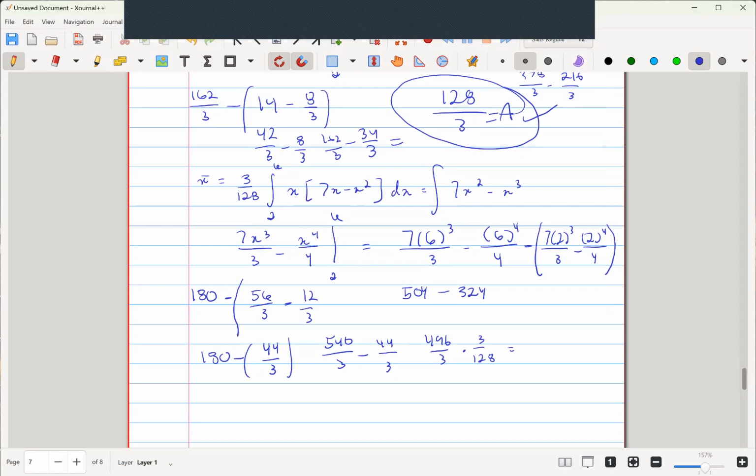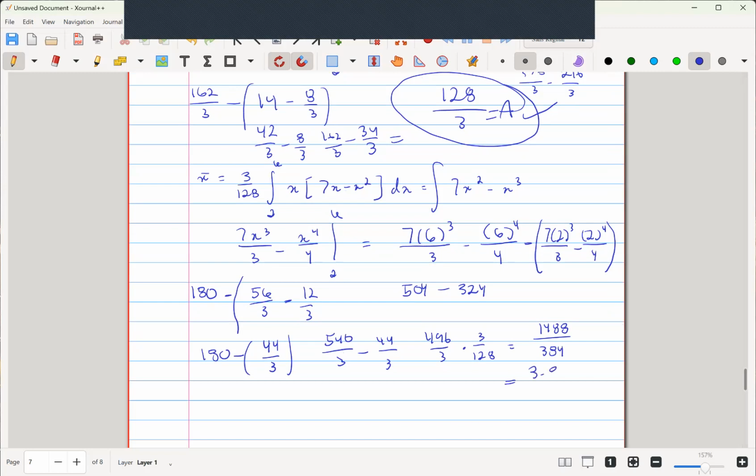So 496 times 3 is 1488 over 3 times 128, which is 384. And now we divide the two, and that brings us to a nice 3.875. That is our first part. That is our x bar.